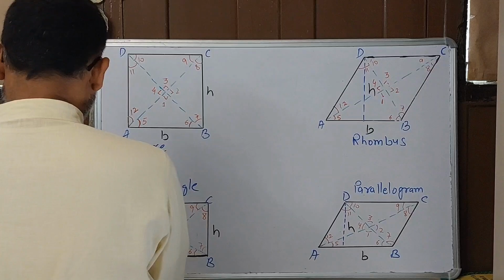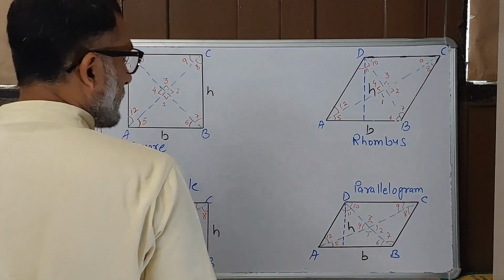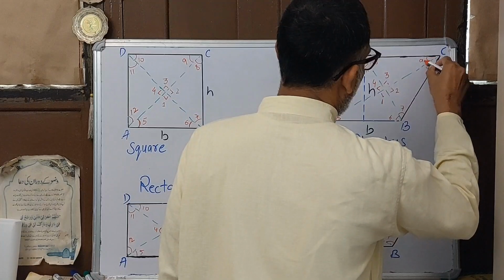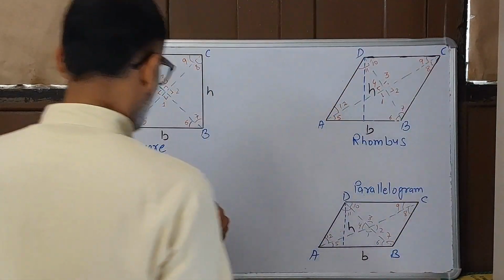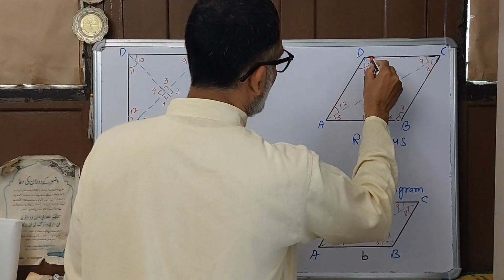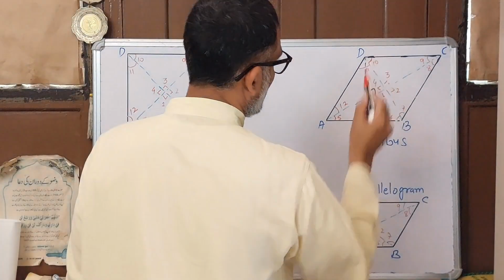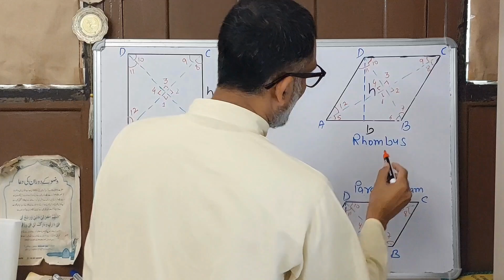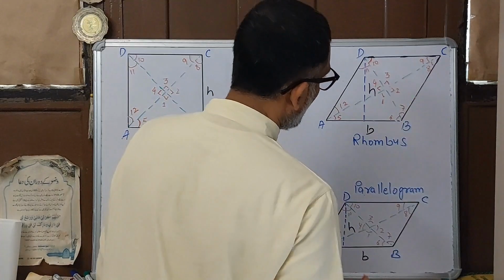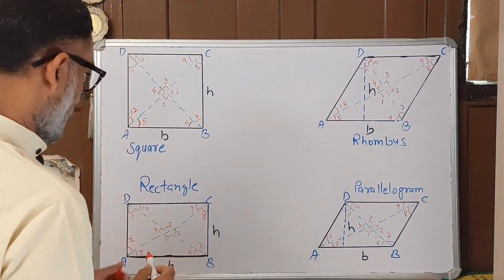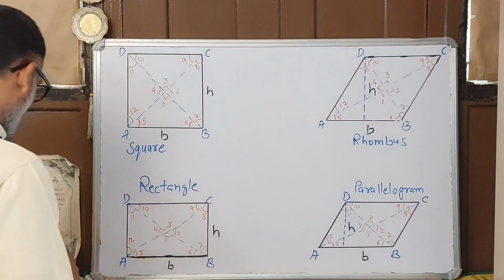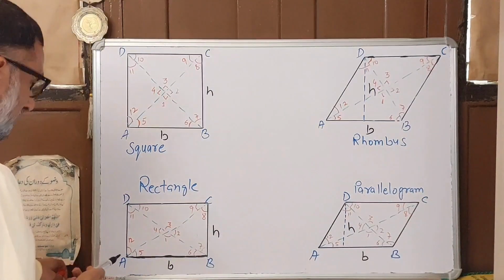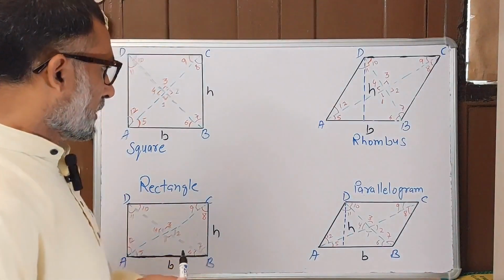All these things are here. And this is angle A, this is angle 9, angle 10, over 1, 6, 7, yes. Don't worry, sometimes it will happen.